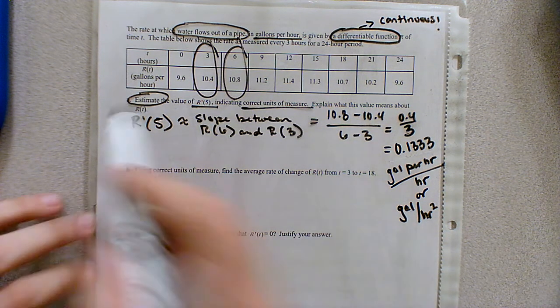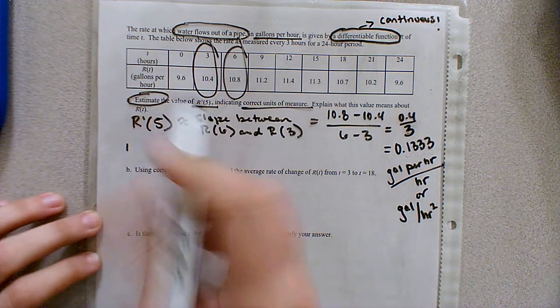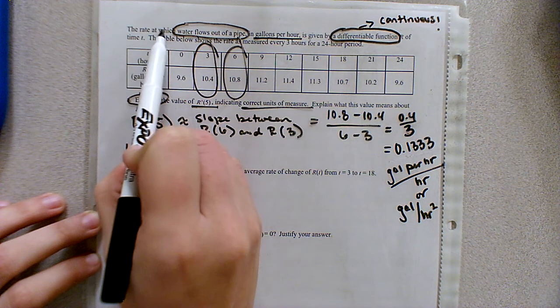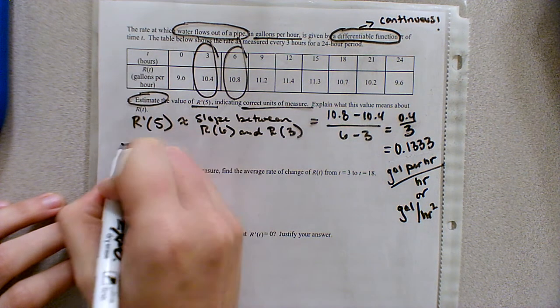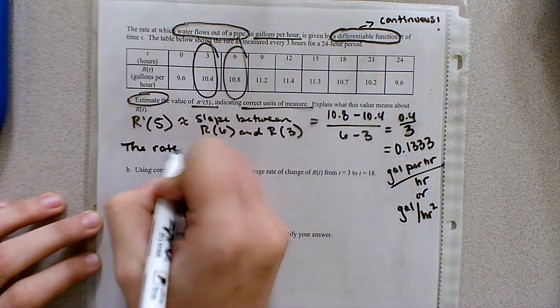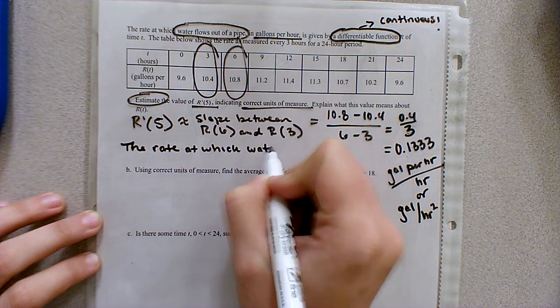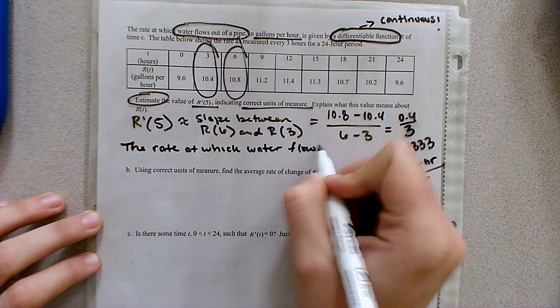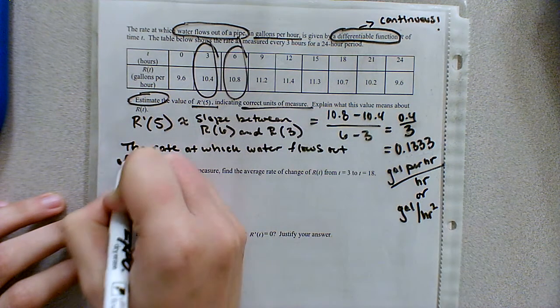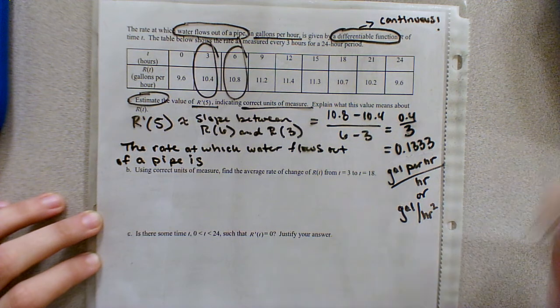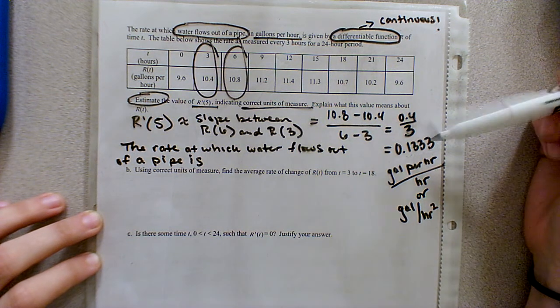Now explain what this means in terms of the rate. This function r of t represents the rate at which water flows out of a pipe. So the rate at which water flows out of a pipe is increasing or decreasing, since this was a derivative.